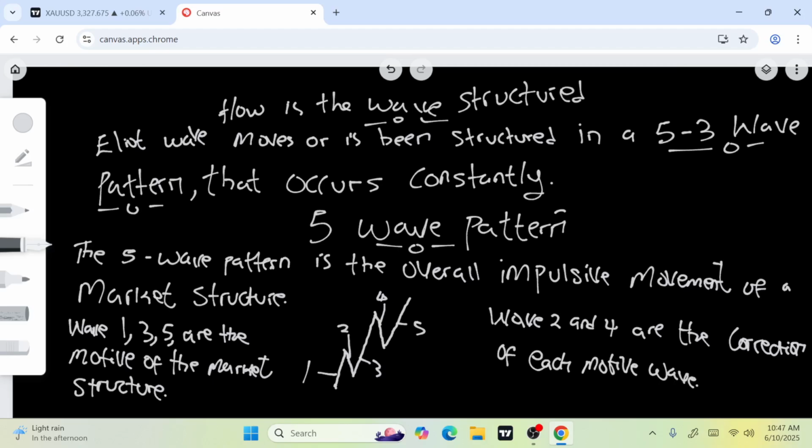Is that explanatory enough? Wave 2 and 4. This wave 2 is the correction of your wave 1. This wave 4 is the correction of your wave 3. Another word for correction is what? Retracement, when we are talking about market structure. Are we following? Do we understand this now? Now, that is how we come about the 5 wave pattern. All right.